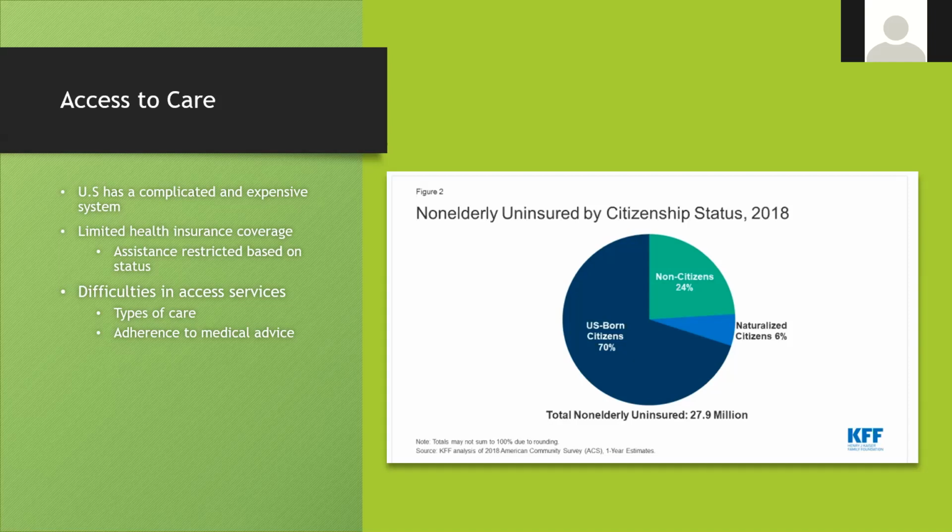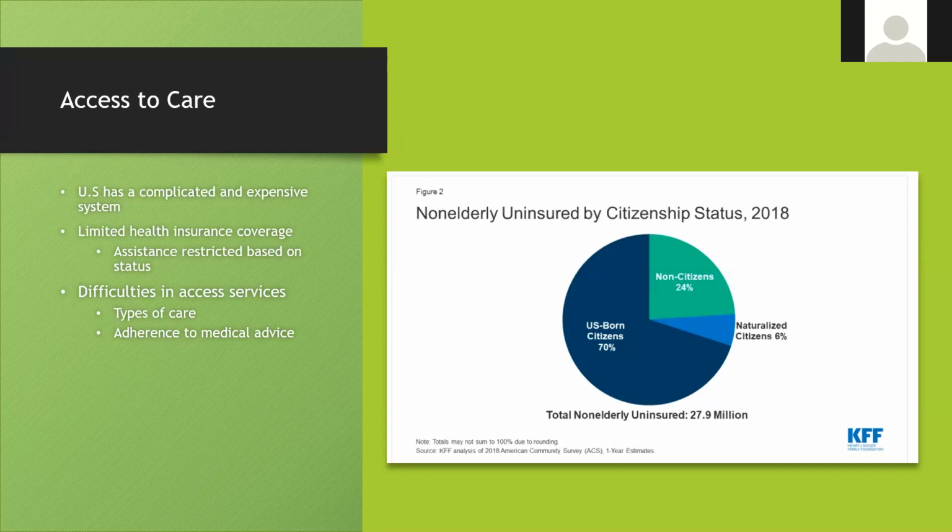And for immigrants, and I'm going to use this term loosely, in this talk I might use it to describe all in the breakdown of status that I had in the earlier slide. But for immigrants in the United States, when they arrive, their status really matters and determines how they access care.